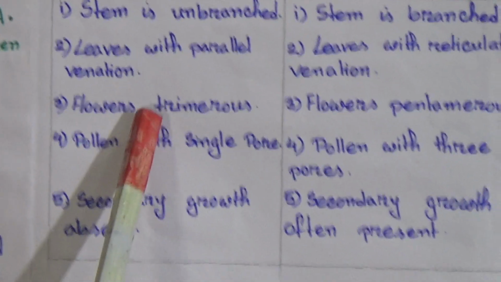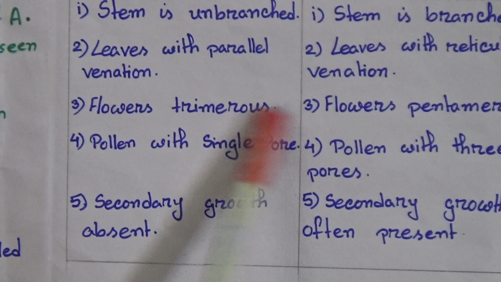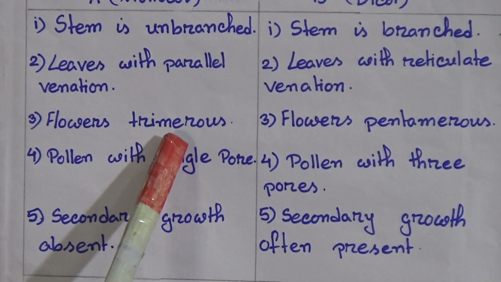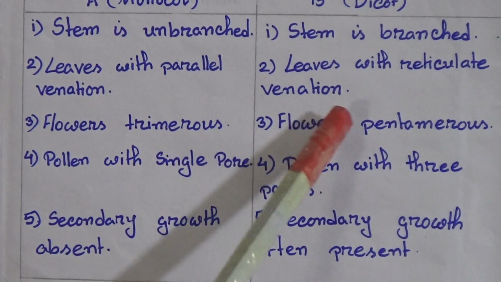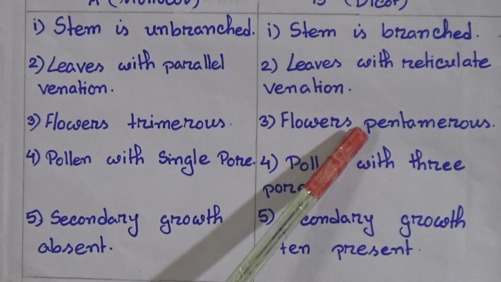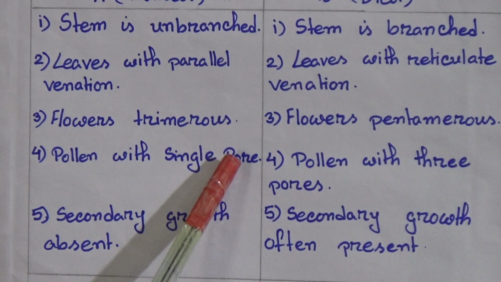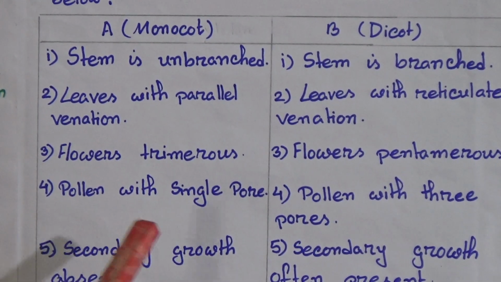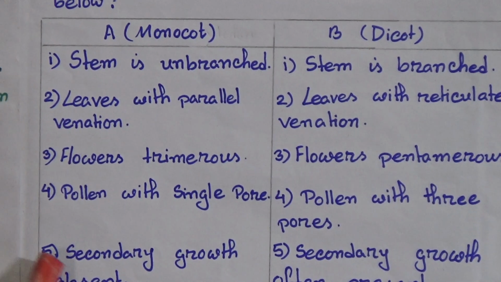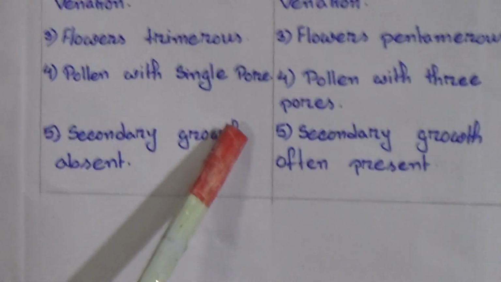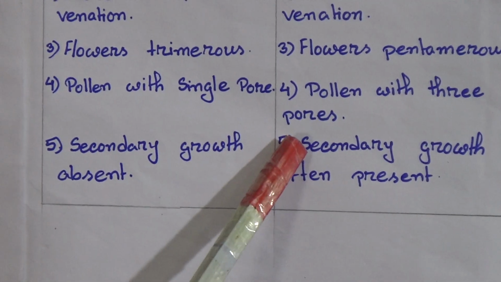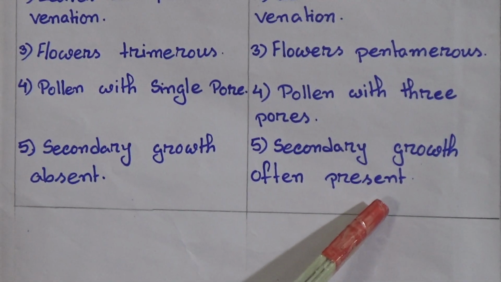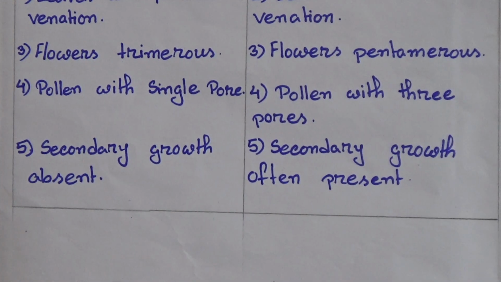Number 3. Flowers trimerous. Flowers pentamerous. That means they have only 3 petals in their flower, and they have 5 petals in their flower. Pollen with a single pore. Pollen with 3 pores. Number 5. Secondary growth absent, and in dicot plants secondary growth often present. You may ask me, what is secondary growth?